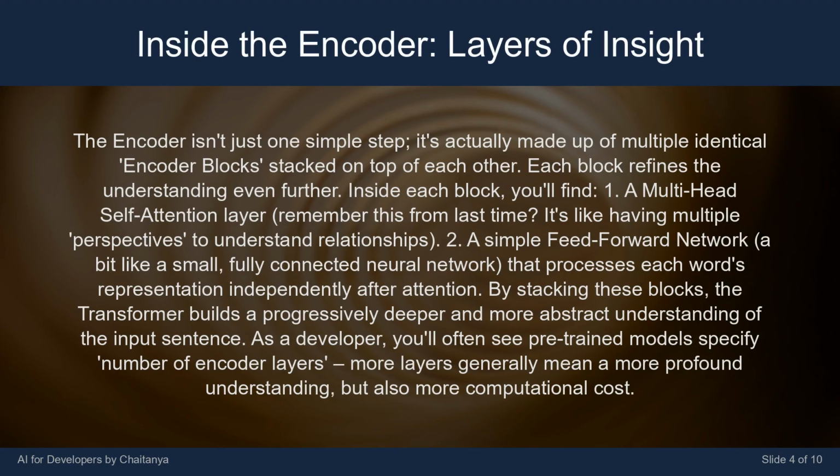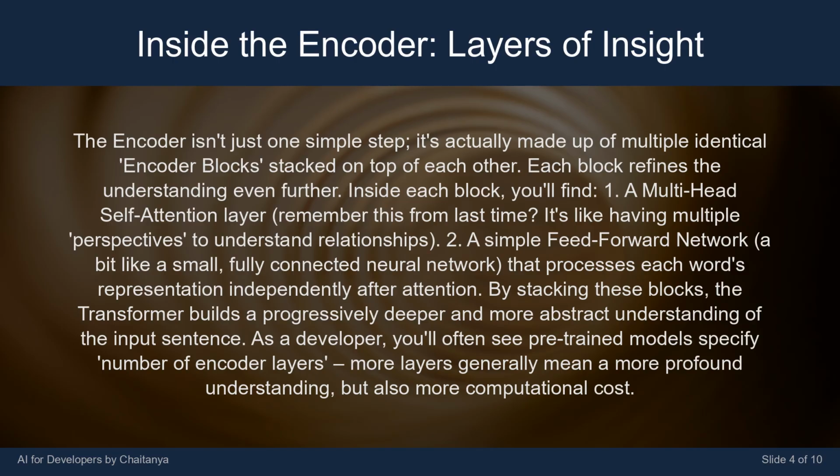The encoder isn't just one simple step. It's actually made up of multiple identical encoder blocks stacked on top of each other. Each block refines the understanding even further. Inside each block, you'll find: 1. A multi-head self-attention layer. Remember this from last time? It's like having multiple perspectives to understand relationships. 2. A simple feed-forward network.